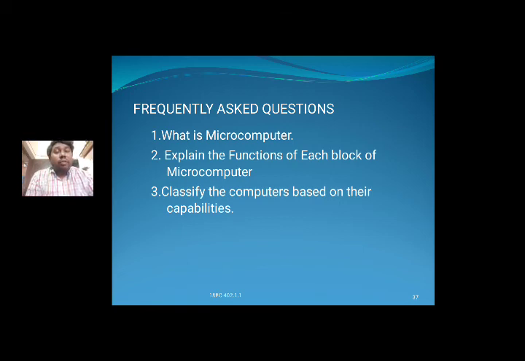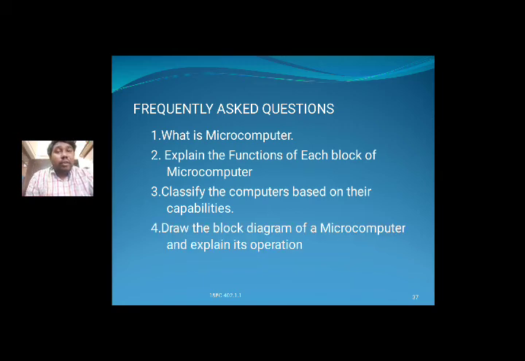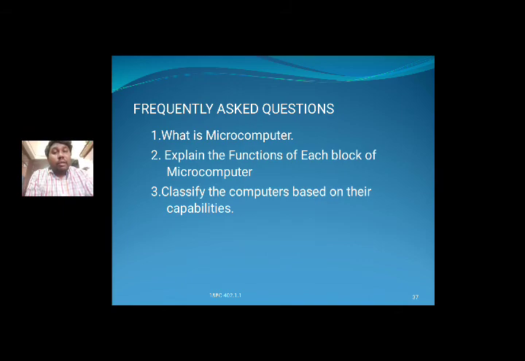These are the frequently asked questions in the examinations. And also one more question is, draw the block diagram of microcomputer and explain its operation. Basically, the block diagram of microcomputer has two important blocks.